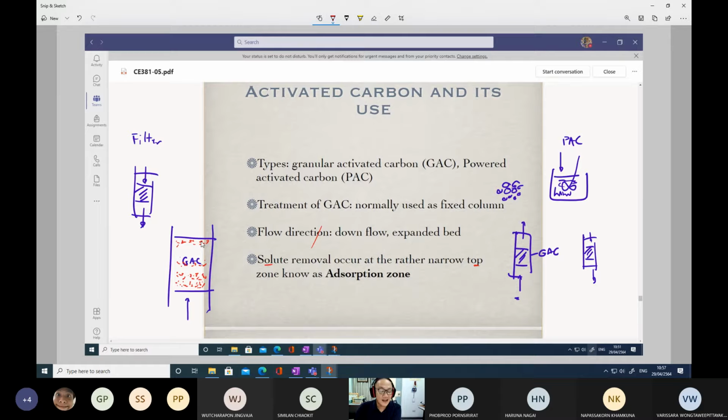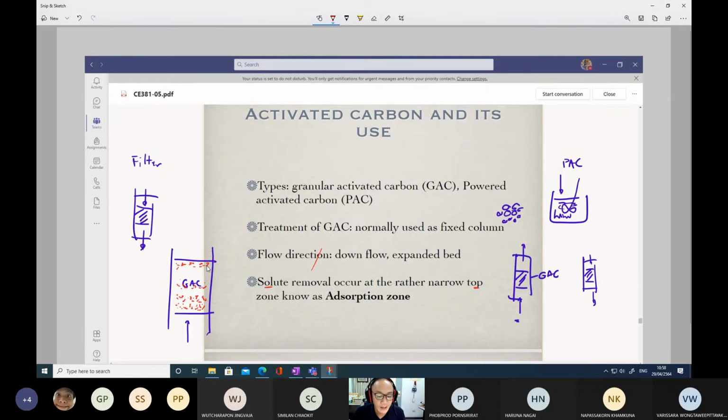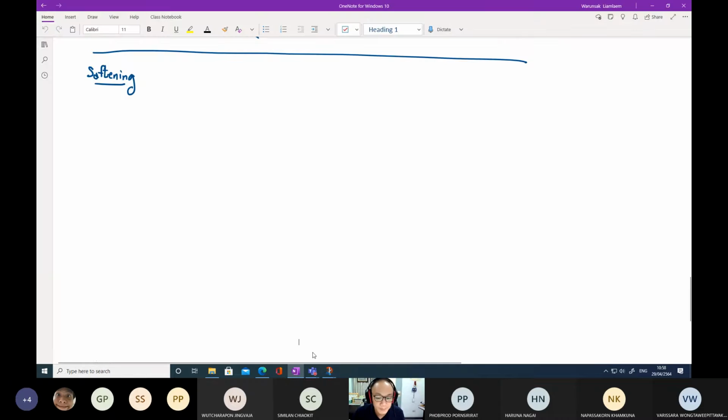If it reaches the last layer, this adsorbent will no longer efficiently remove the contaminants. So what we need to do is replace these adsorbents, or bring them to what we normally call regeneration.